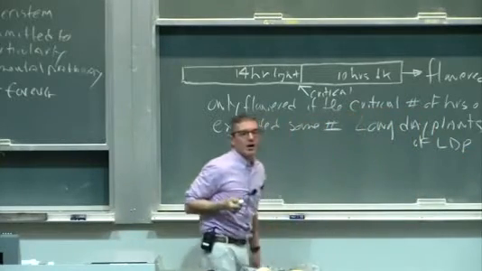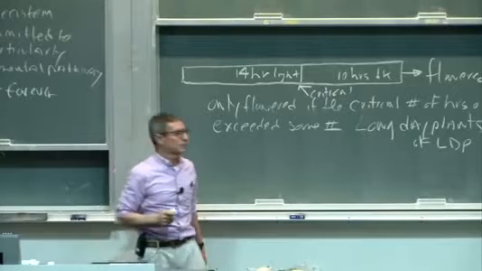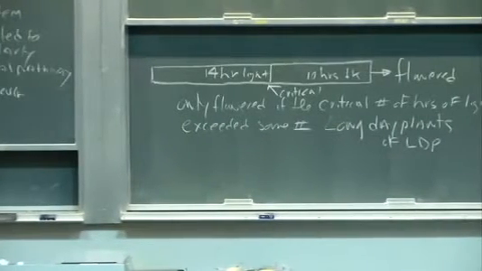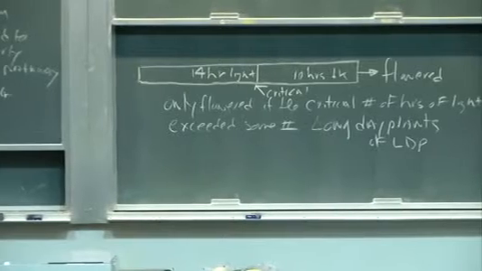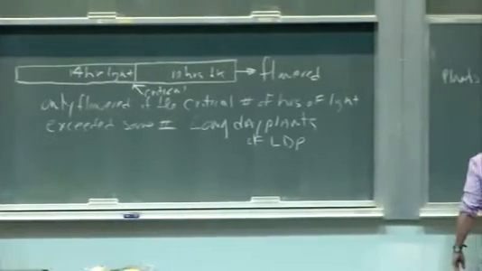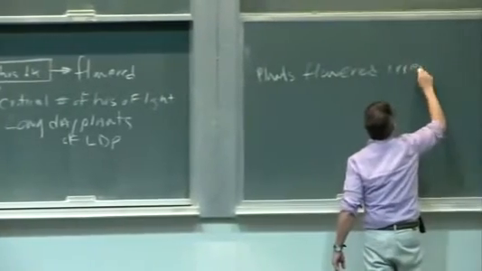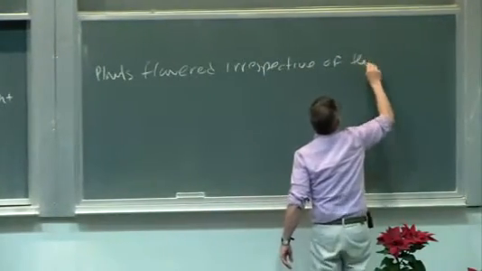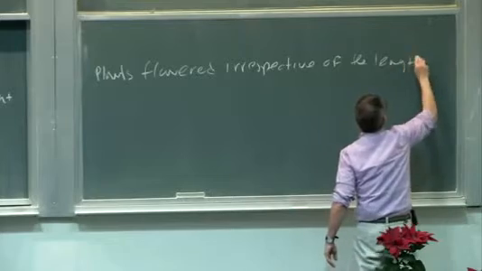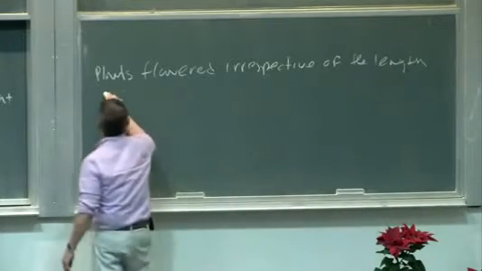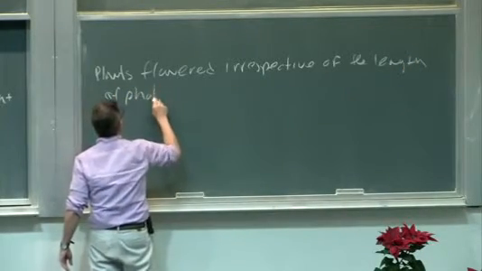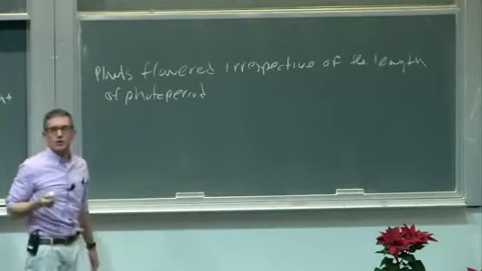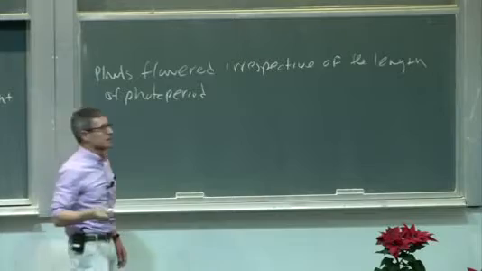And finally, a third category of plants was found, and this third category was that the plants flowered irrespective of the length of the photoperiod. And this, of course, always assumes that there's enough light for photosynthesis.